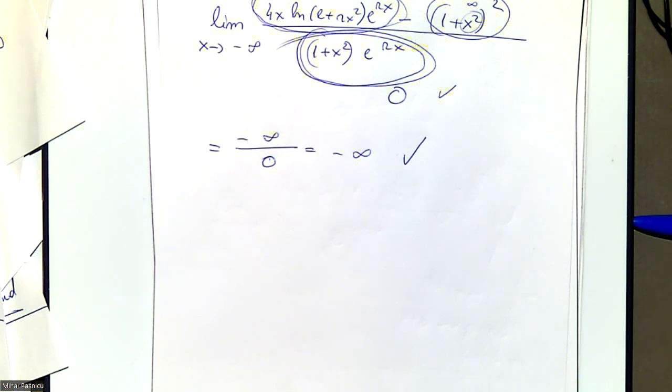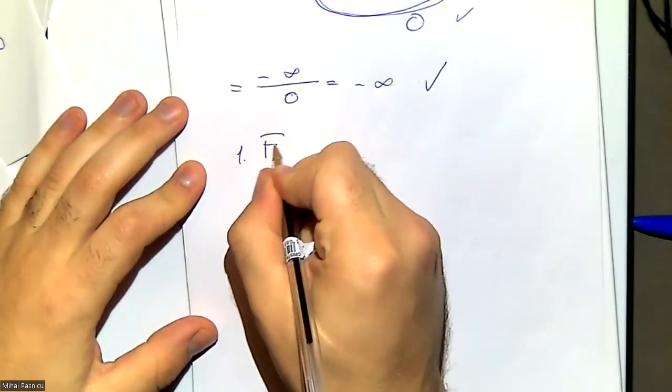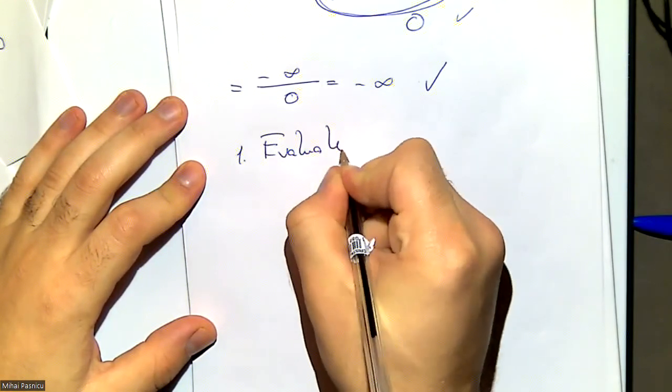Yeah, that's kind of it. Just keep in mind that however ugly the limit looks, and let's agree on something, this was an ugly limit. It wasn't a nice one. There was nothing nice about it to start with. And we just split it, we evaluated. So the first rule: just evaluate your thing.